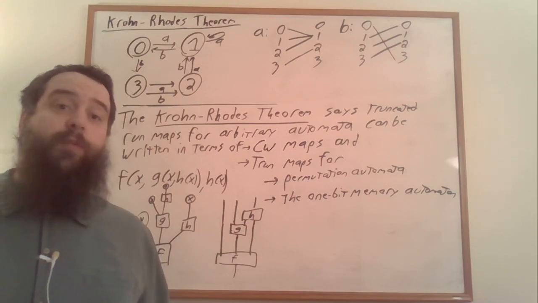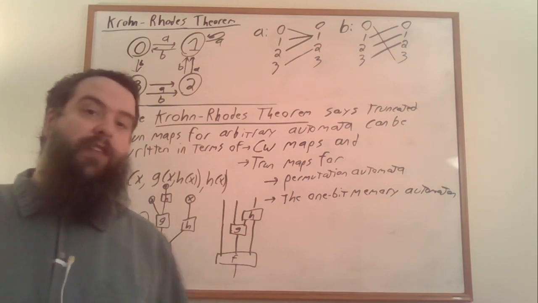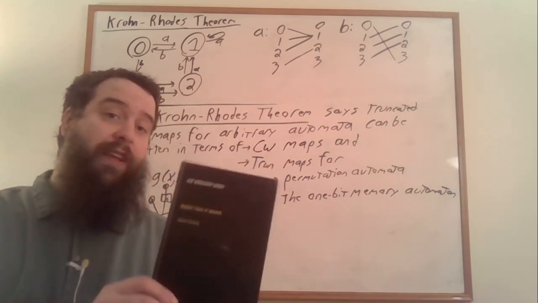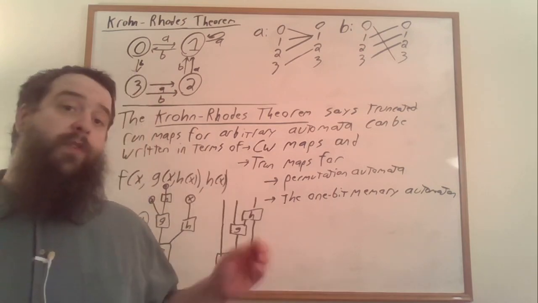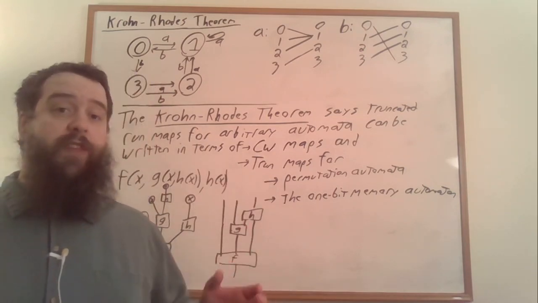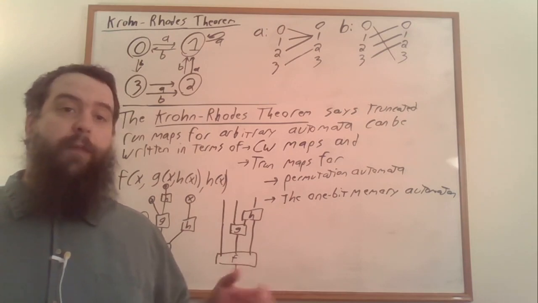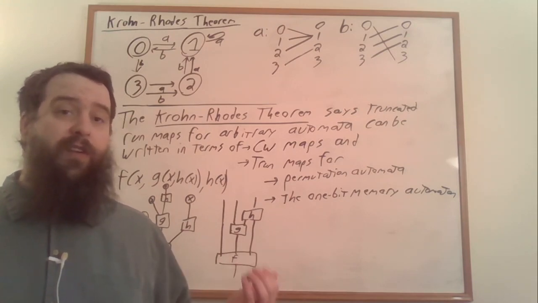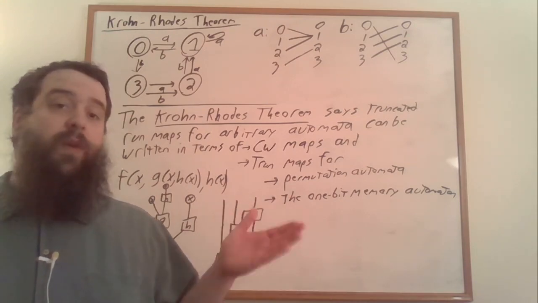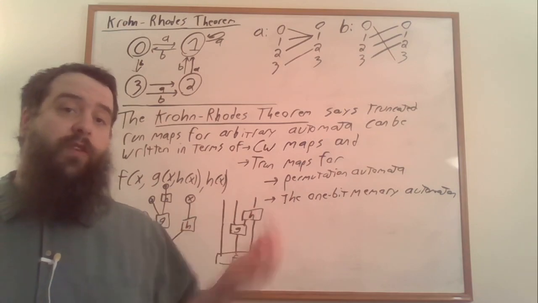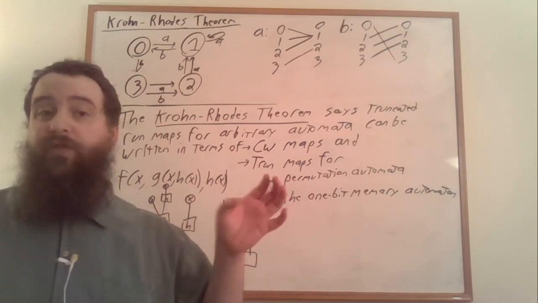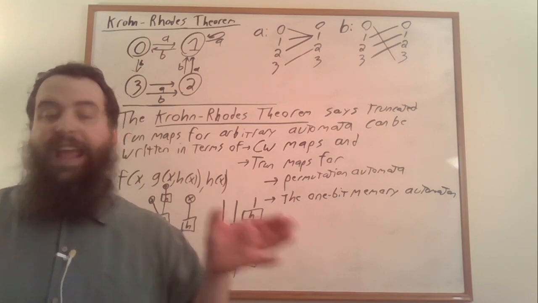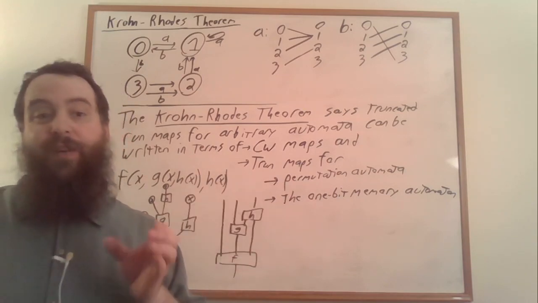I want to show you a proof of this theorem. This is an adaptation of the proof in Ginzburg's algebraic theory of automata, and we'll do it in 4 steps. The first step is to break down truncated run maps for an arbitrary automaton with n states into a cascaded composition of the truncated run map for a permutation reset automaton and an n-1 state automaton.